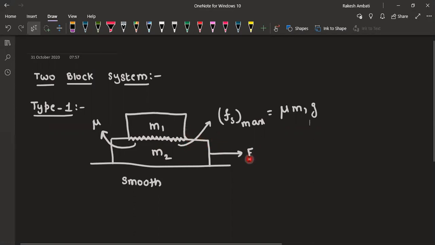If we apply a larger force, then the two books move separately with different accelerations. So up to a particular value of force, the two books move together, and beyond that force, they move separately or individually with different accelerations. Is the point clear?